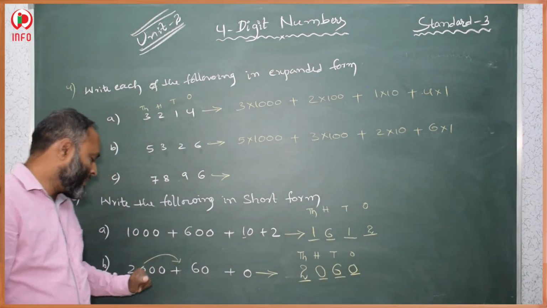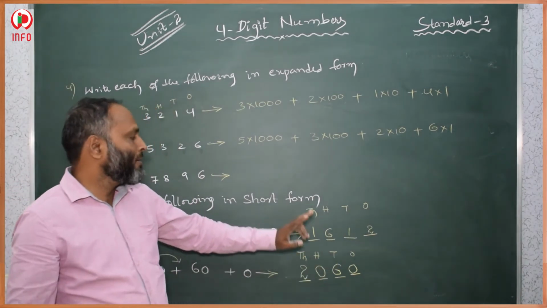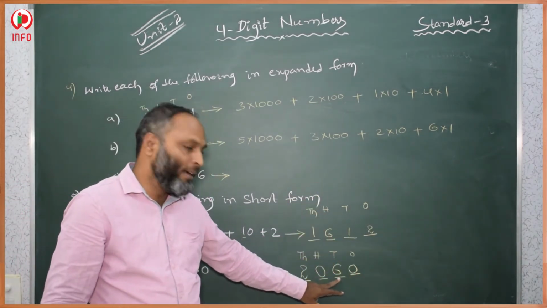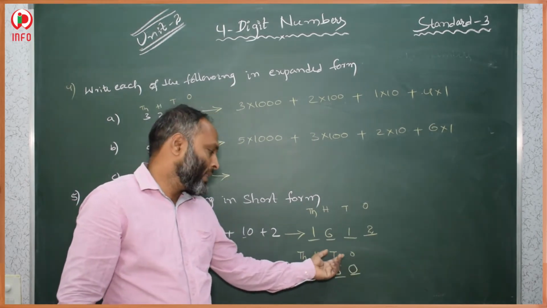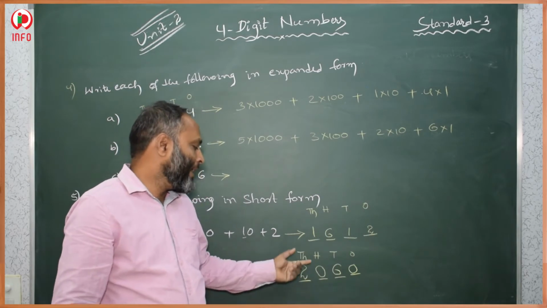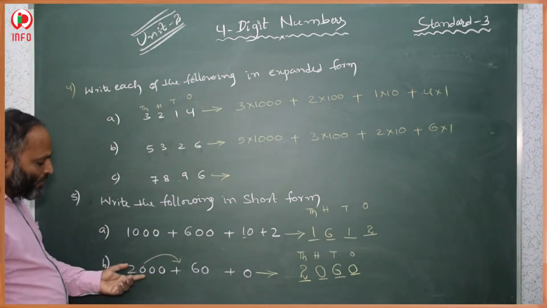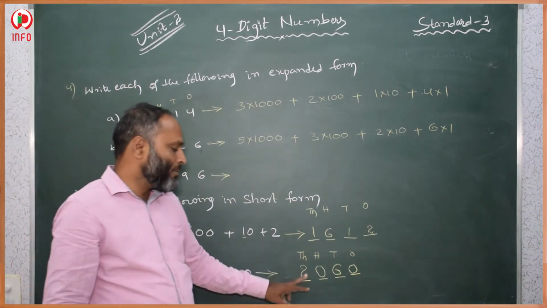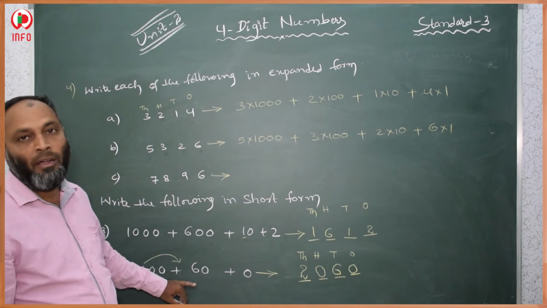Listen once again to this question. First, this is our 4 digit number: first, second, third and fourth. First is ones, second is tens, third is hundreds, and fourth is thousands. You check here, 2000. It means in thousands place 2. And after 1000, 100 should come, but here there is no 100.